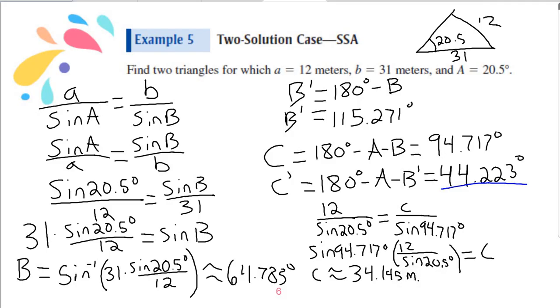Okay? And then notice that really the only difference for our second option, little c prime, is that this bottom angle is going to be 44.223. So you would just switch out this one for 44.223. And what do we get there?